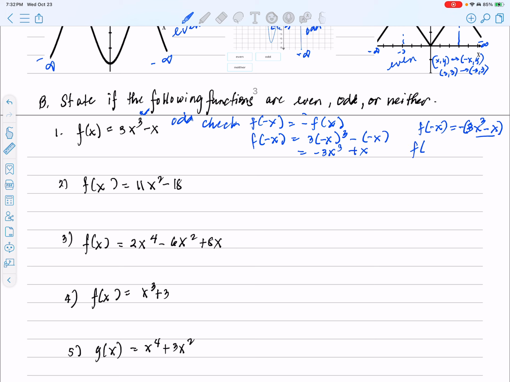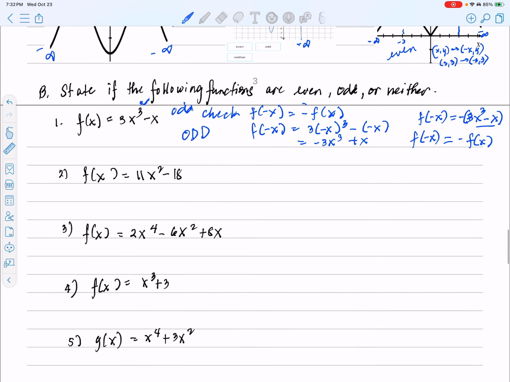That means f of negative x equals the negative of f of x, so this is an odd function.